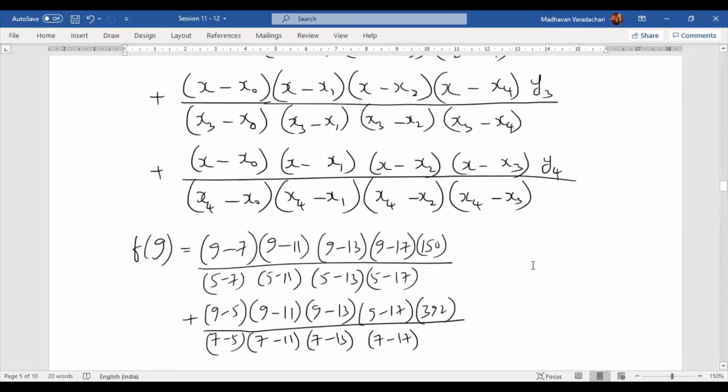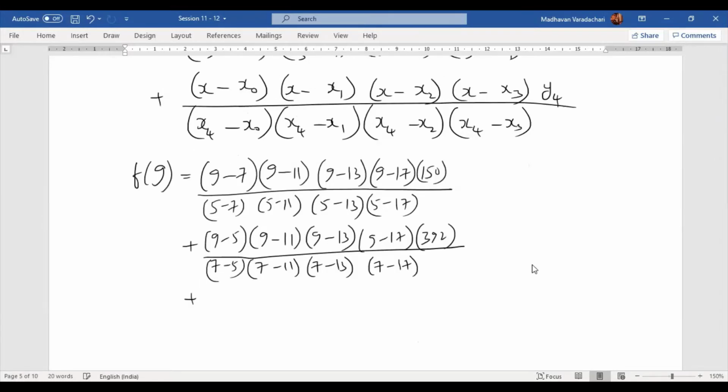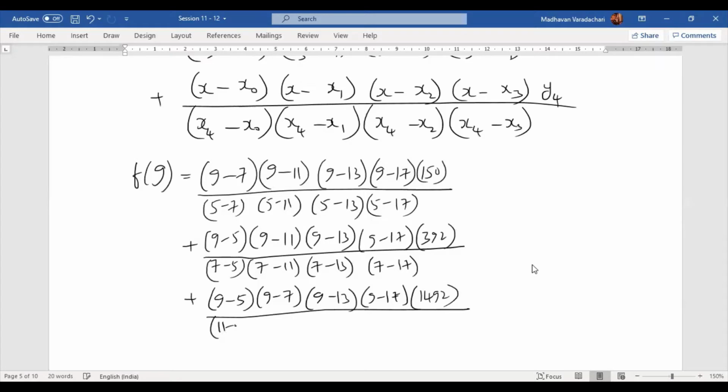Then again plus 9 minus 5, 9 minus 7, 9 minus 13, 9 minus 17 times y2. Y2 is 1492 divided by 11 minus 5, 11 minus 7, 11 minus 13, 11 minus 17.